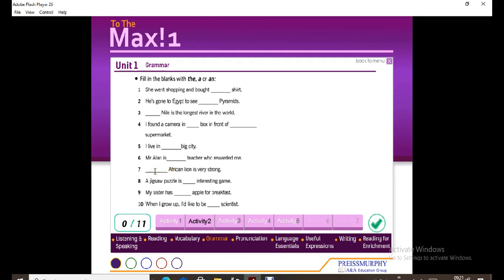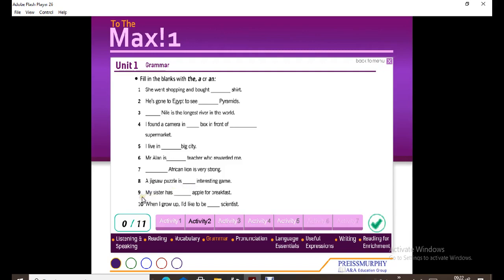So I'm going to write the African lion is very strong. This is number 8, a jigsaw puzzle is. I'm talking about a game, and here there is an adjective which starts with a vowel. So I'm going to choose an. So a jigsaw puzzle is an interesting game.